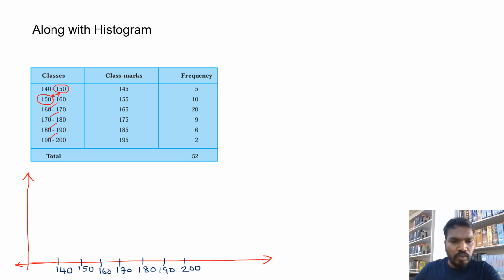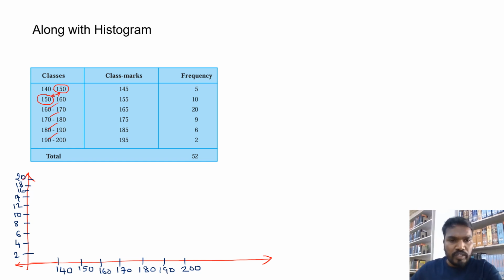It is up to you how much scale you take. Here I am taking the scale of 2: 2, 4, 6, 8, 10, 12, 14, 16, 18, so 20 here.